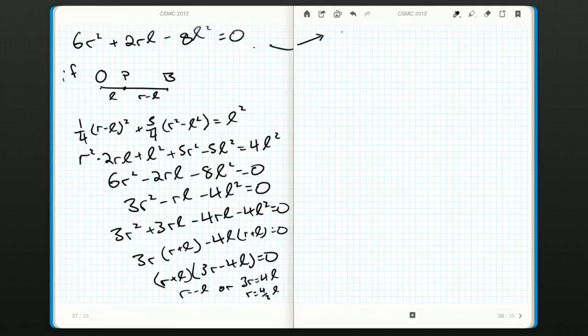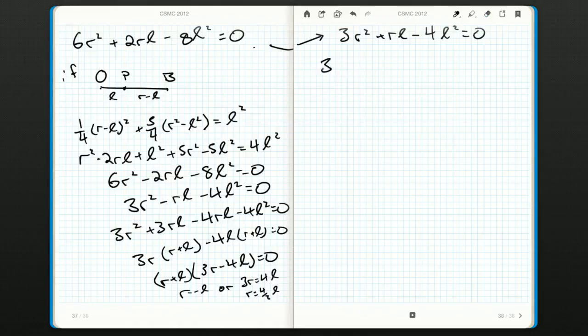So this one here becomes 3r squared plus rL minus 4L squared. And I think that should be r... how am I going to get, oh, it should be r minus L, I think, right?